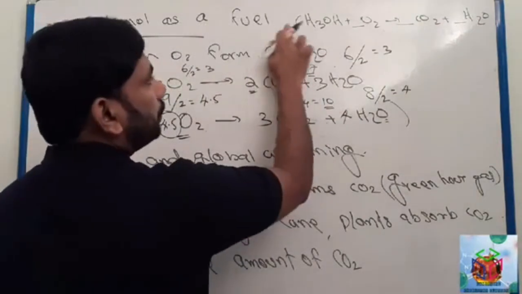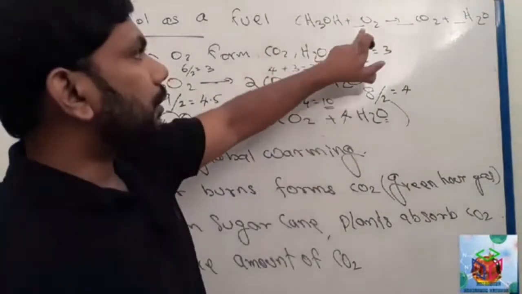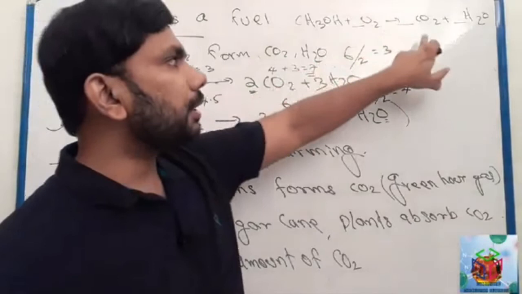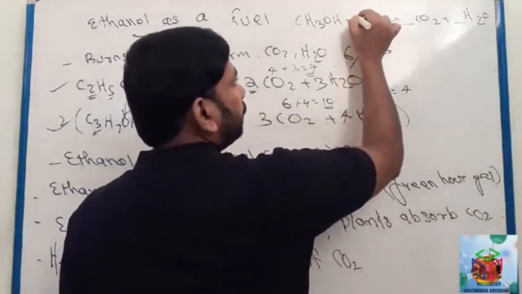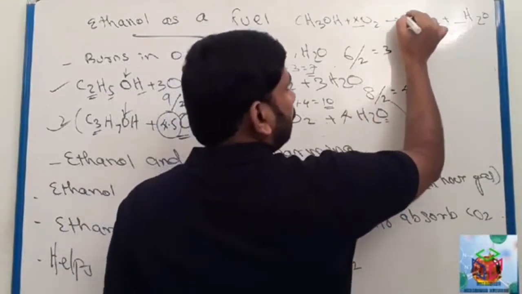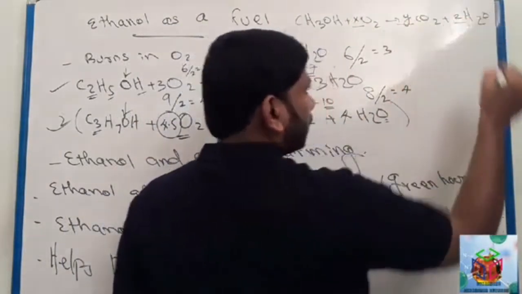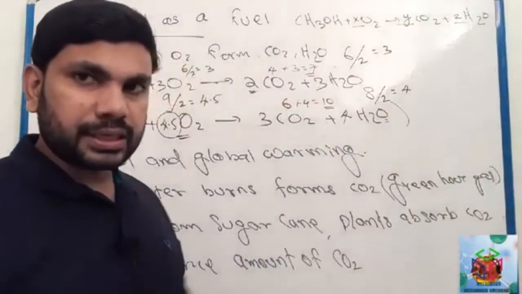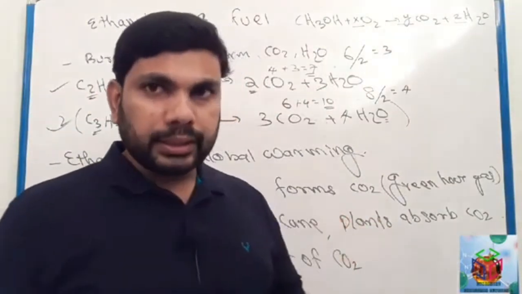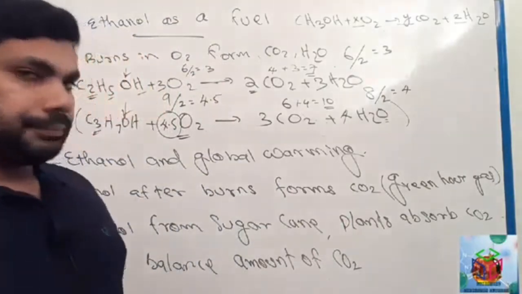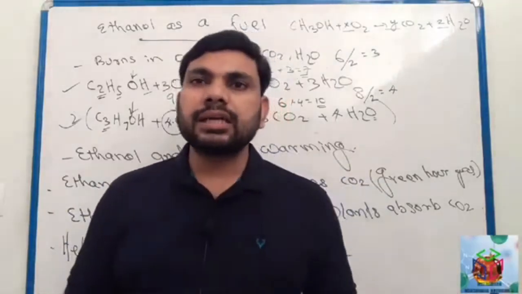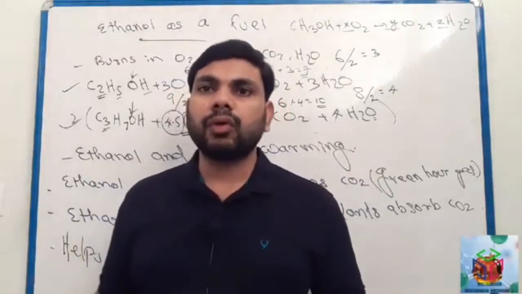How many oxygen, how many carbon dioxide, how many water. You can put the values of oxygen X, carbon dioxide Y, water Z. X is equal to what, Y equal to what, Z equal to what. Clear?